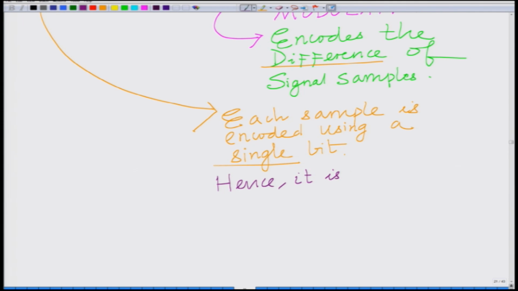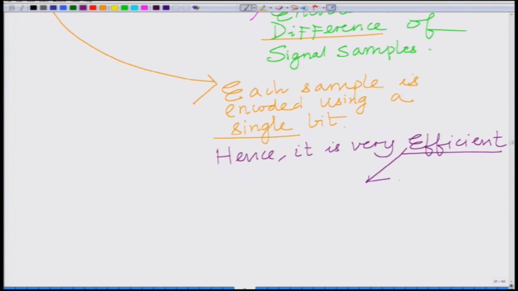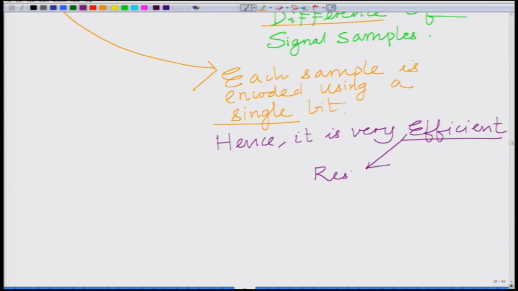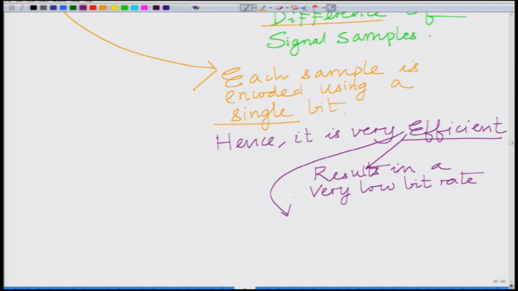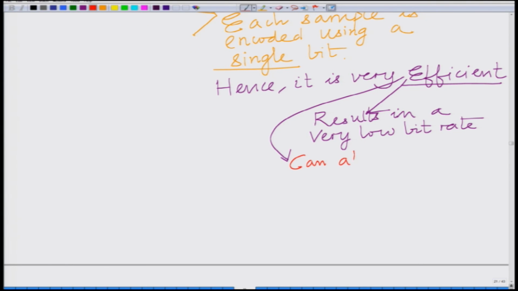Efficient in the sense that it results in a very low bit rate, and it can also be used for compression.